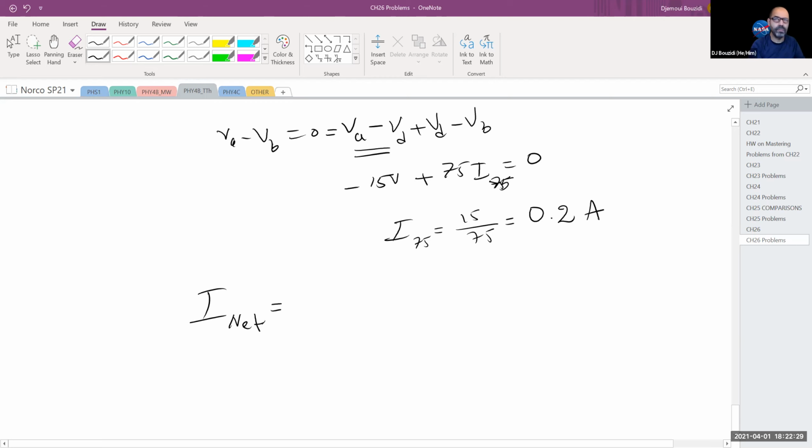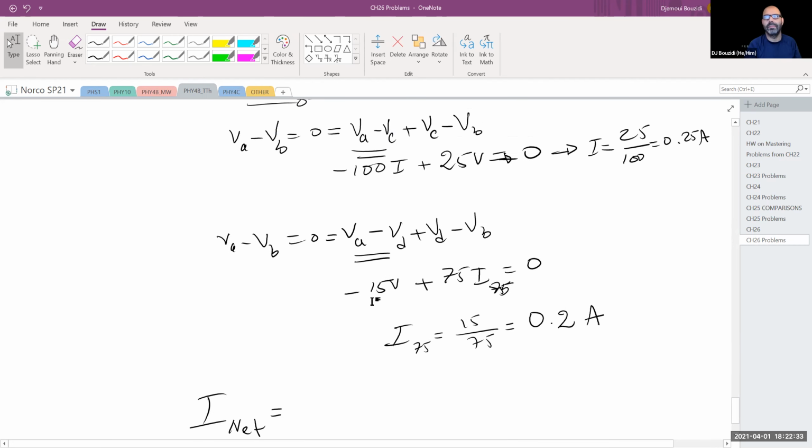What is it going to be? Wouldn't it just be 0.45? One of them is coming down, the other one is going up. You see them? Okay. So what should we do?